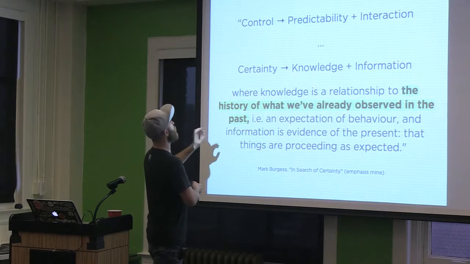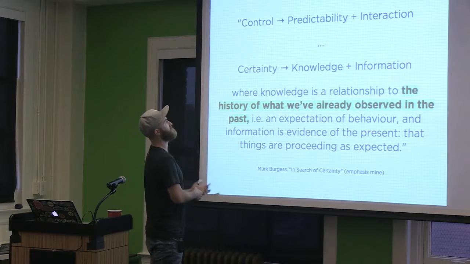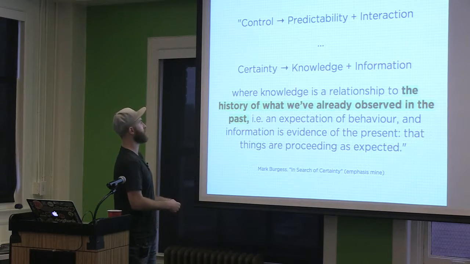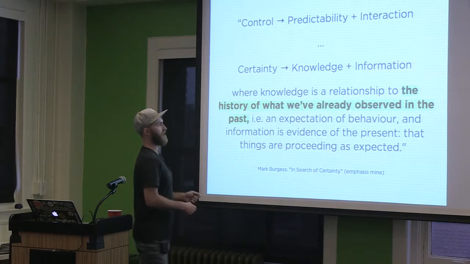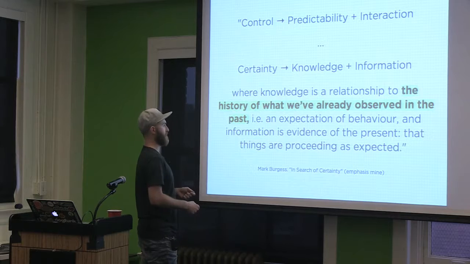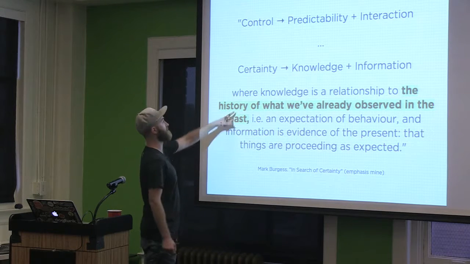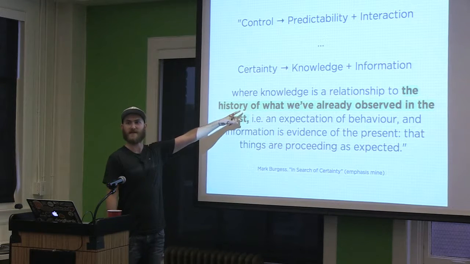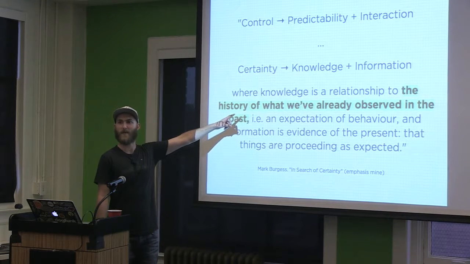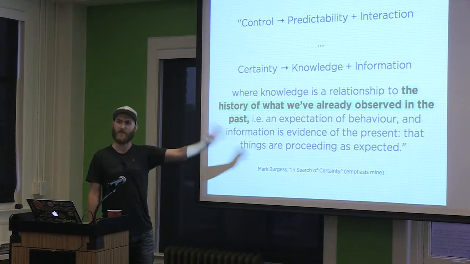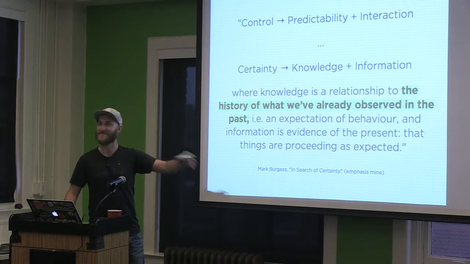And then he says you can boil it down to certainty is knowledge plus information, where knowledge is a relationship to the history of what we've already observed in the past, i.e., an expectation of behavior, and information is evidence of the present, that things are proceeding as expected. So this is monitoring. We've recorded some state, and we kept it over time, and now we can go back and look at it. This is RRDtool for not numbers, which is what this talk is about.